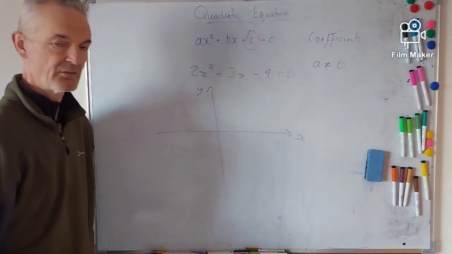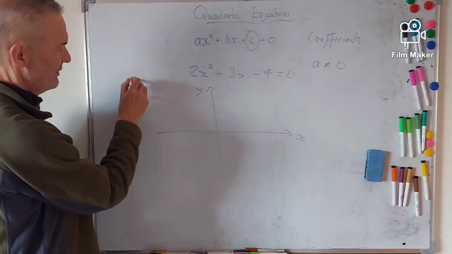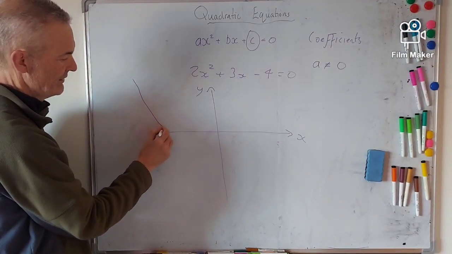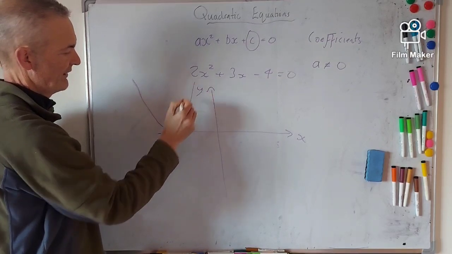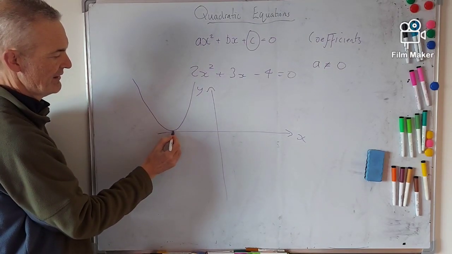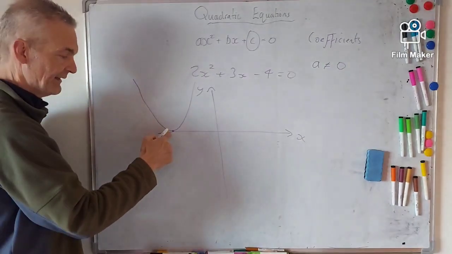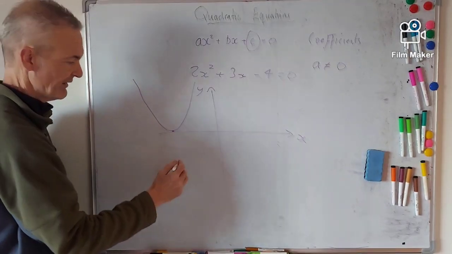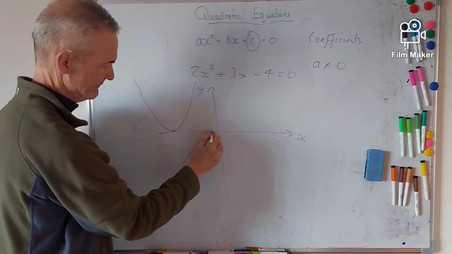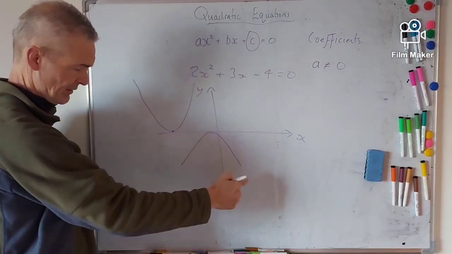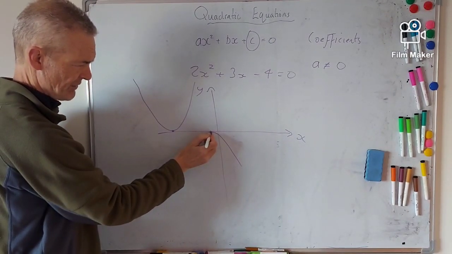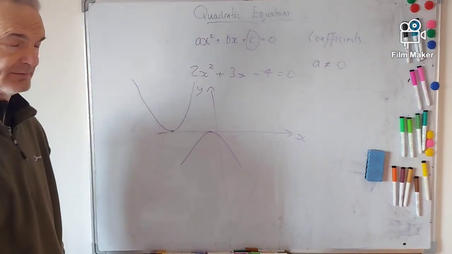If it's going to have one solution, it could be that the curve looks like this and it just touches the line at one place. So that is going to be your one solution. And the curve could be coming in that direction and just touches there. So one solution.